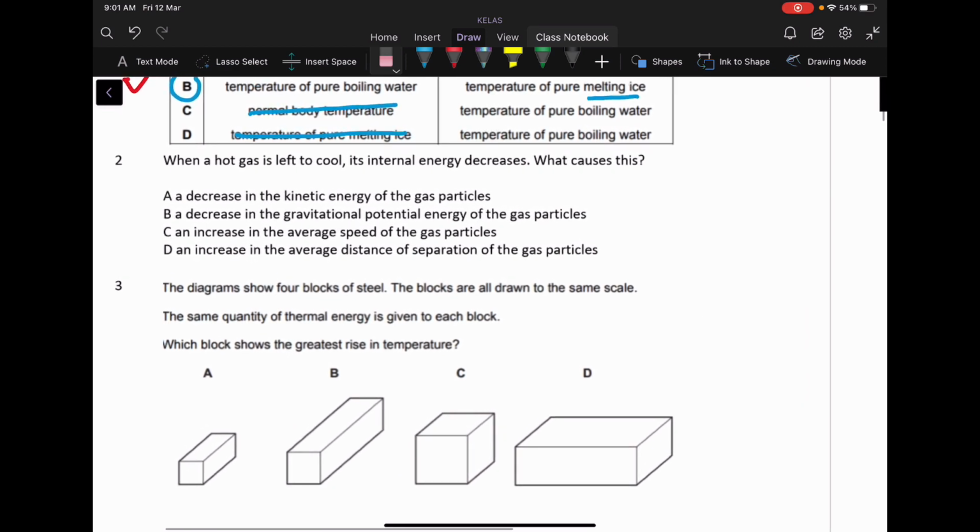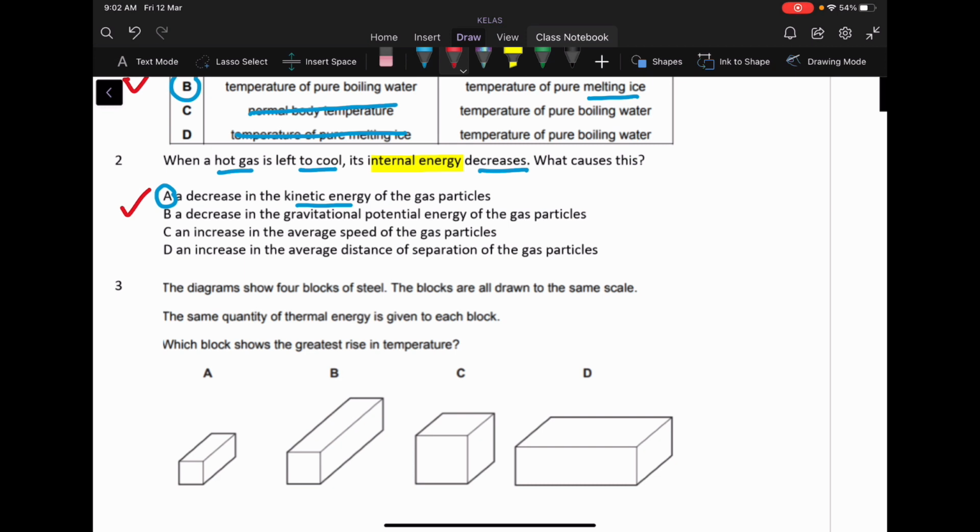When a hot gas is left to cool, its internal energy decreases. What causes this? The question is about internal energy, and it says here that it decreases. What causes the internal energy to decrease? It is because of a decrease in the kinetic energy. So that's the answer.